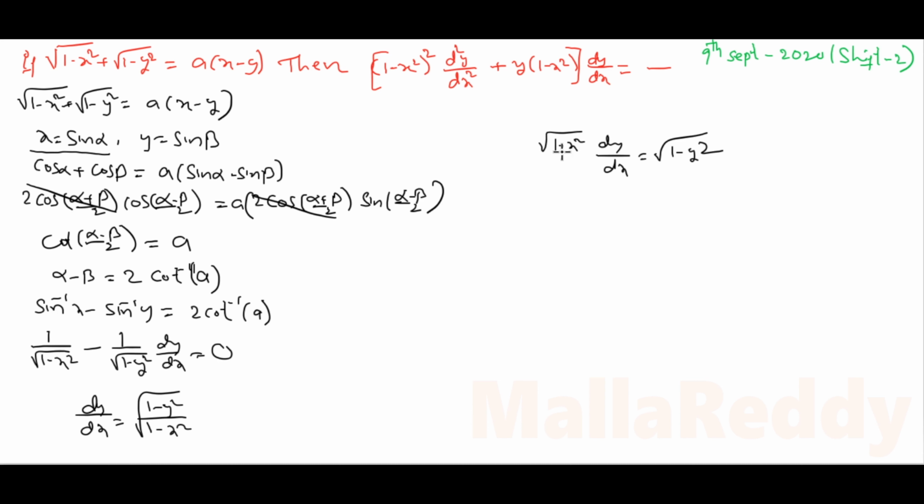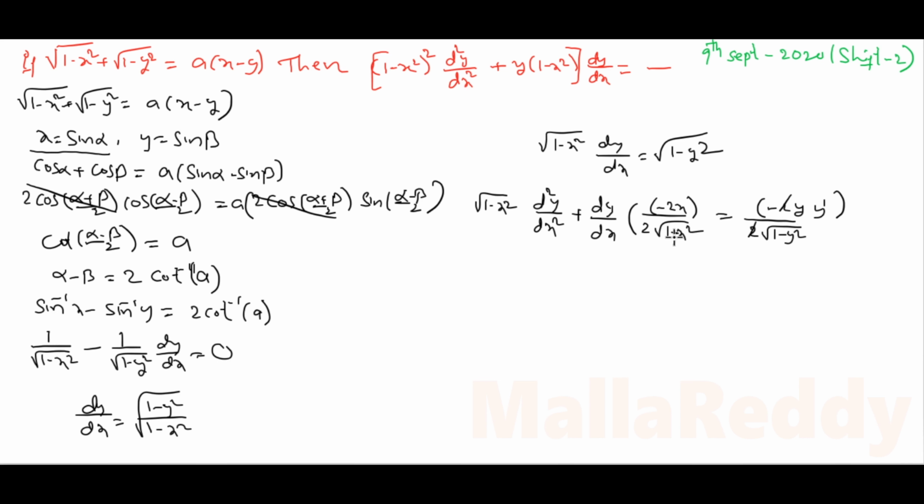This is the UV rule, that is root 1 minus x square into derivative of dy by dx is d square y by dx square plus dy by dx into root 1 minus x square derivation, that is 1 by 2 root 1 minus x square into derivative of 1 minus x square is minus 2x, is equal to root over 1 minus y square derivation, that is 1 by 2 root 1 minus y square into derivative of 1 minus y square is minus 2y y dash.